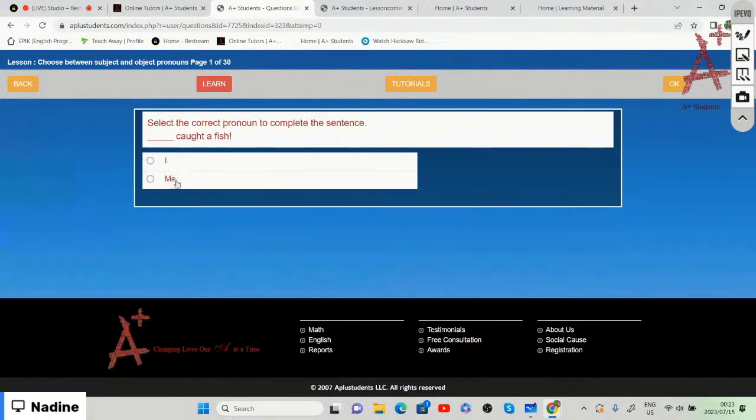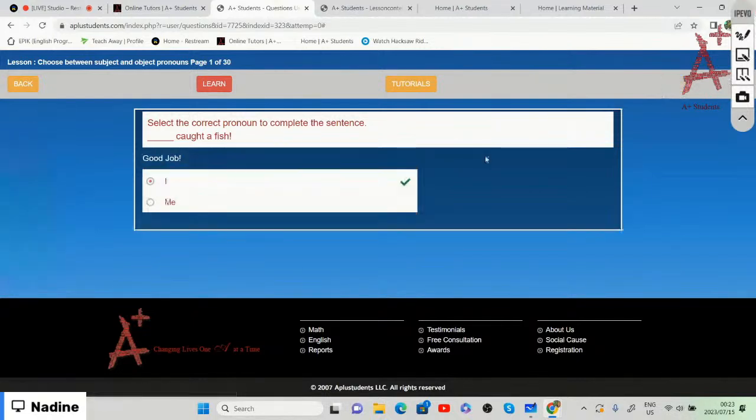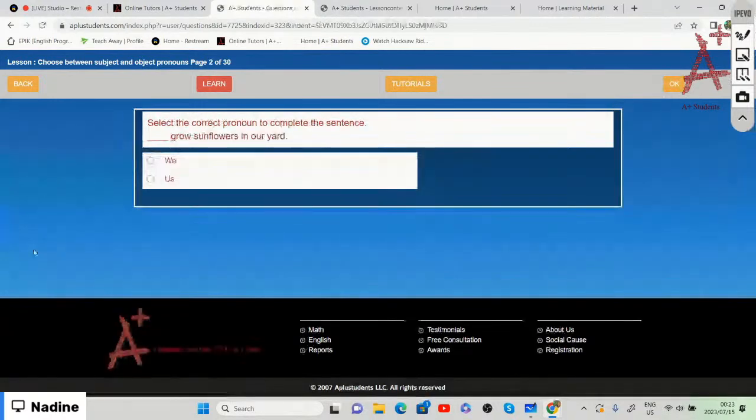We need to select the correct pronoun. Either I caught a fish or me caught a fish. All right, so we're going to choose I, and I is a subject pronoun, right?